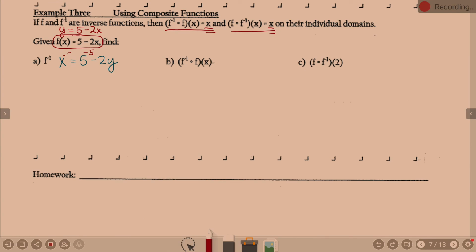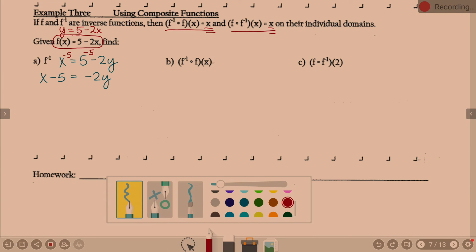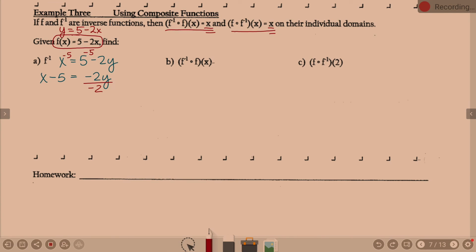I subtract 5. x minus 5 is going to be x minus 5, the 5's cancel, and I have negative 2y. How do I get y by itself? Divide by negative 2.